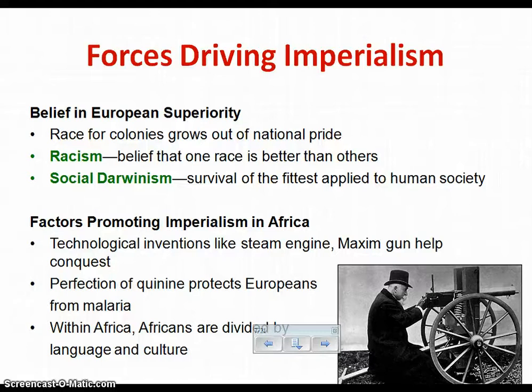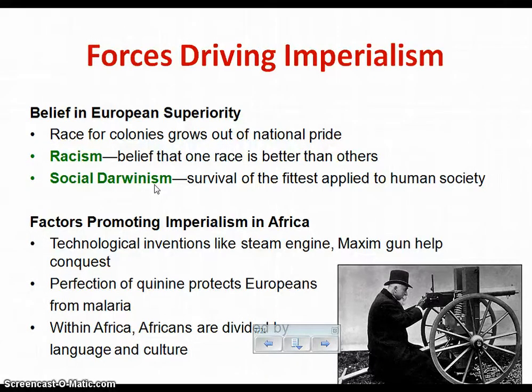The second thing that is sort of driving European superiority is social Darwinism. We've talked about social Darwinism before. Social Darwinism is the idea of evolution. It's the idea of survival of the fittest.